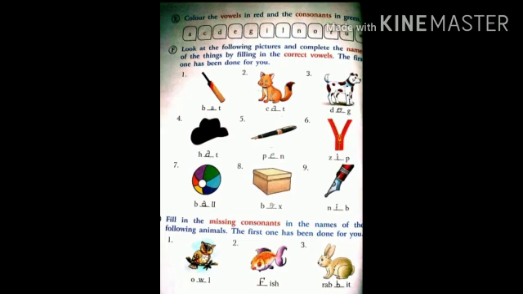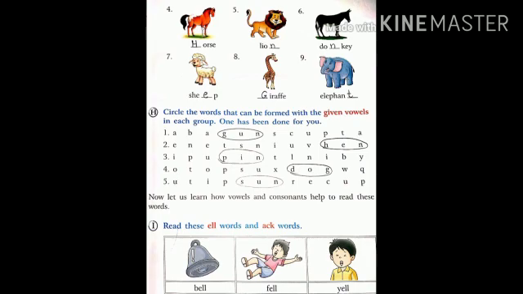First one is O-W-L, owl. Number 2, F-I-S-H, fish. Number 3, R-A-B-B-I-T, rabbit. Number 4, H-O-R-S-E, horse. Number 5, L-I-O-N, lion. Number 6, D-O-N-K-E-Y, donkey.